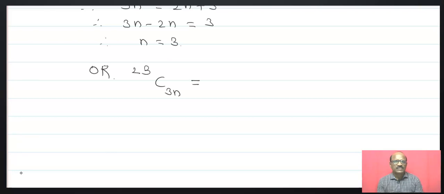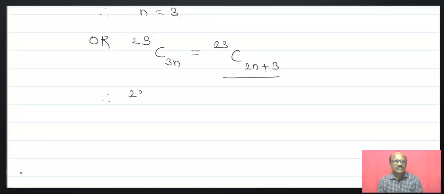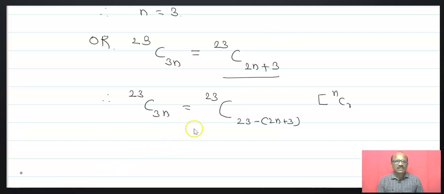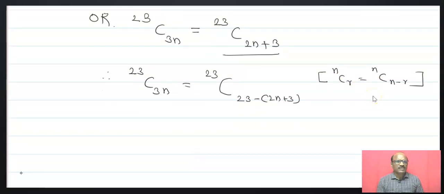We can also use another method. n is equals to 3 we are getting here. Now 23C3n is equals to 23C(2n plus 3). Now again by using the formula nCr is equals to nC(n minus r), equate these two.